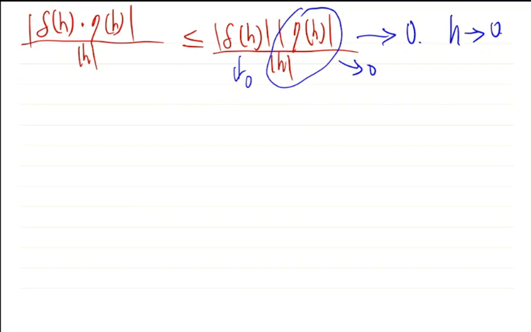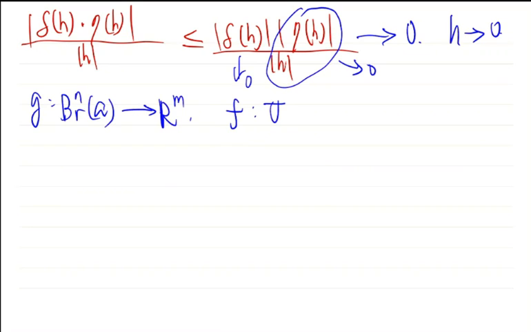So the situation is like this. G is a map from an n-dimensional ball that is a neighborhood of A to Rm. And F is a map from U to another Euclidean space Rl.